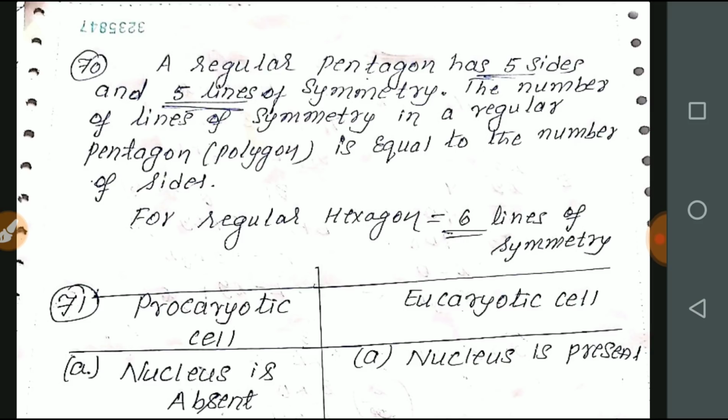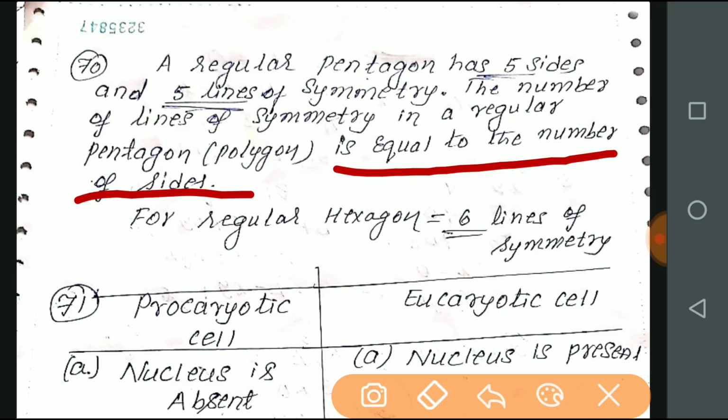So this is the important one. Therefore in a pentagon there are 5 lines of symmetry. Similarly in a hexagon there are 6 lines of symmetry.